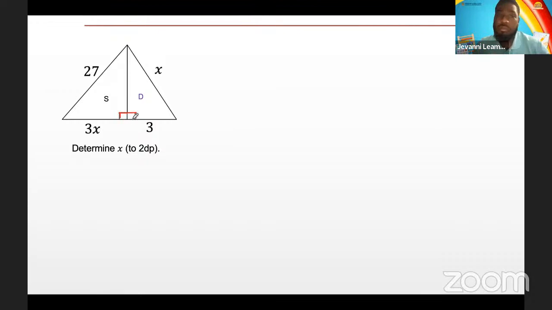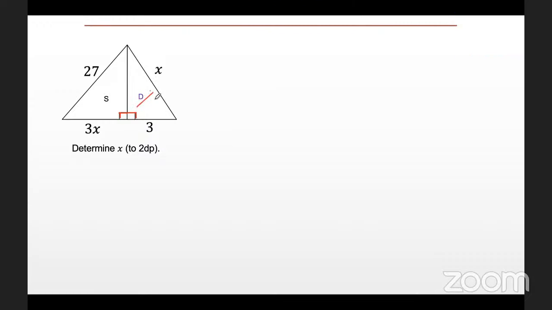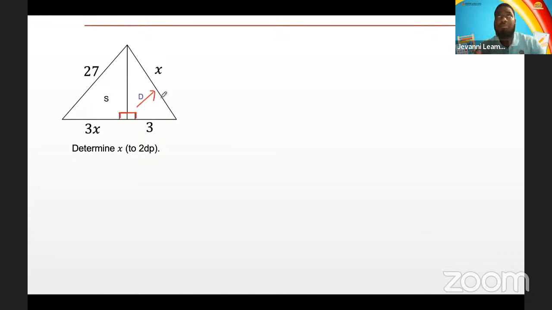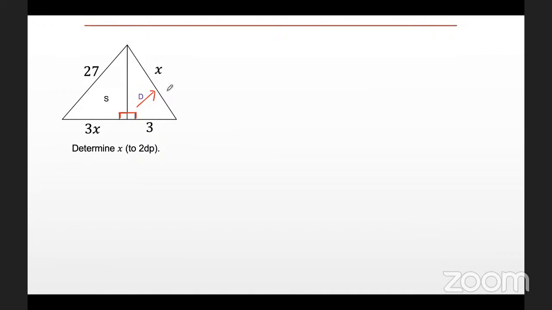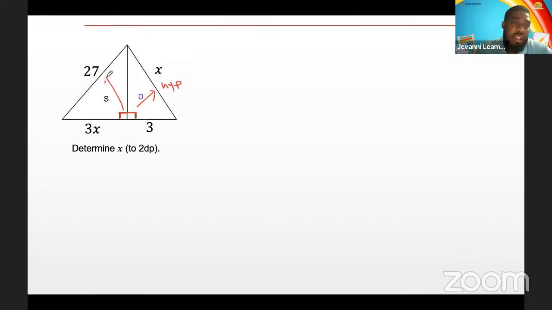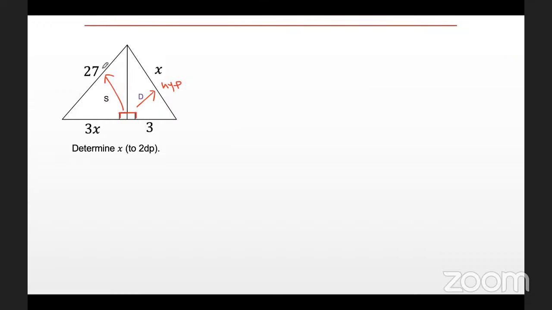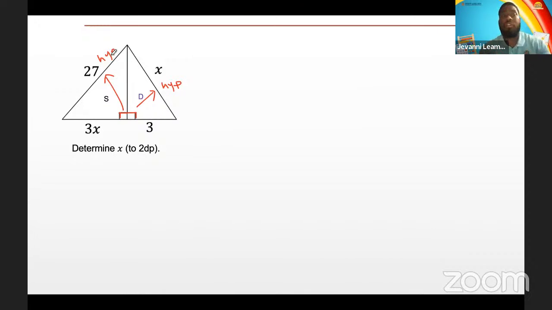Everyone is seeing that? What would this side be called? Hypotenuse. And what would this side be called? Hypotenuse.